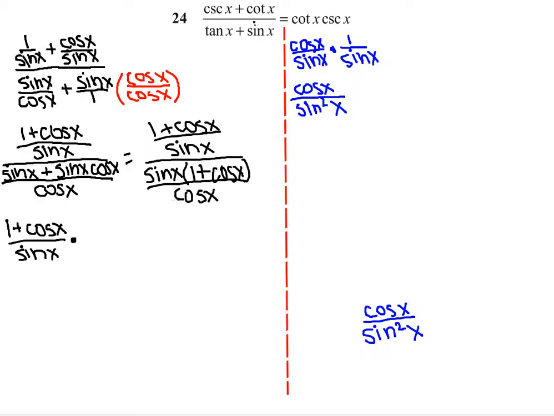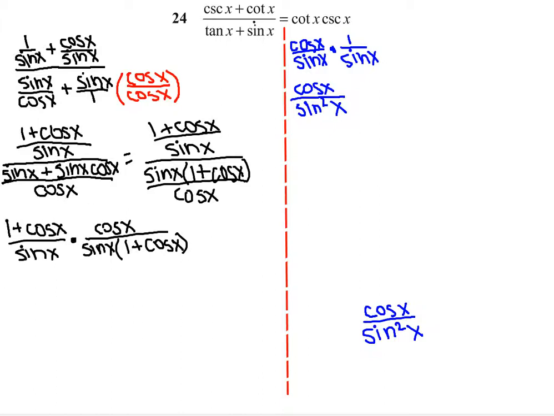So now cos x comes to the top, cos x all over sine x times 1 plus cos x, because we factored out a sine. So now it's easier to see that these two are going to cancel out.